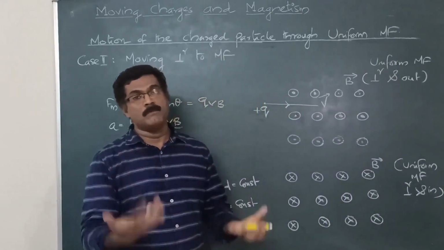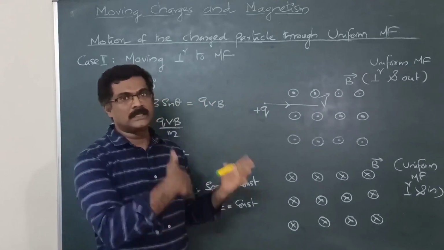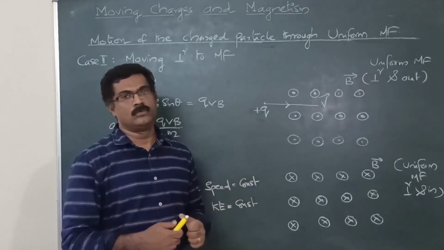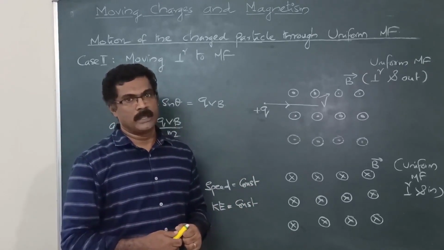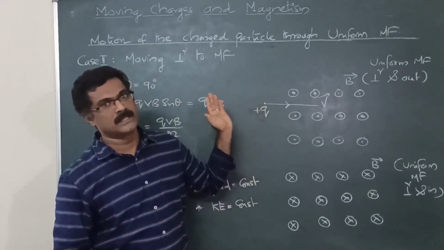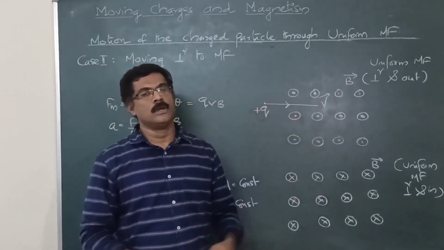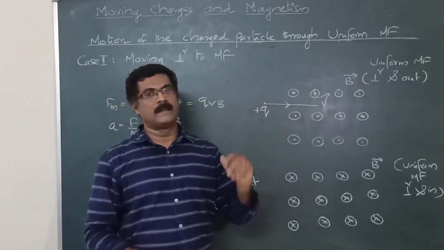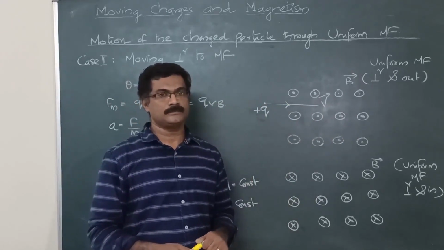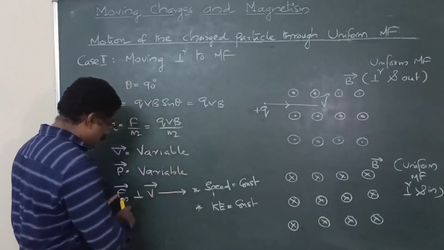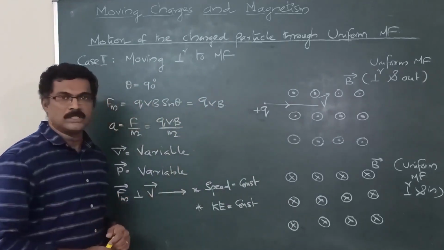But again, a very important point is what type of path the charged particle follows. In the last session we studied that the charged particle moves along a straight line when it passes through a magnetic field parallel to the field. But here what is the case? Here force is perpendicular to the velocity vector.